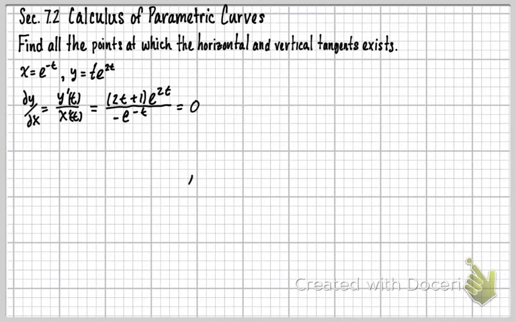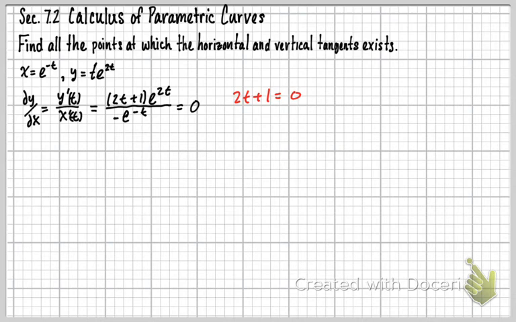Now we're going to go back to 0. If I look at where this thing is 0, we know this can't be 0 and this can't be 0 as well, for the same reason the bottom can't be 0. So where this thing is going to be 0 would be in here. Now I just take a look at that piece. That means 2t plus 1 equals 0.